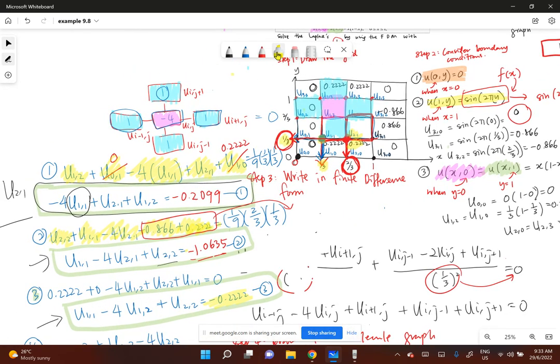You see, this one 0.2222 here, 0.2222. Okay, plus with 0, the left hand side here plus with 0. Okay, minus this one, minus 4U12, and then plus U22 here, plus U11.